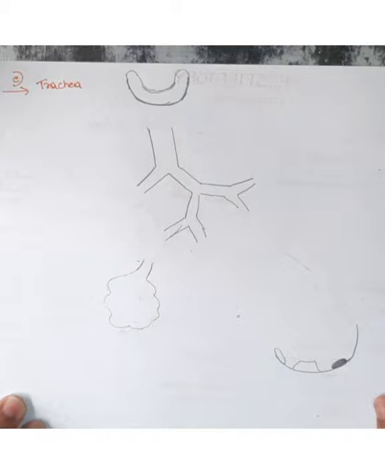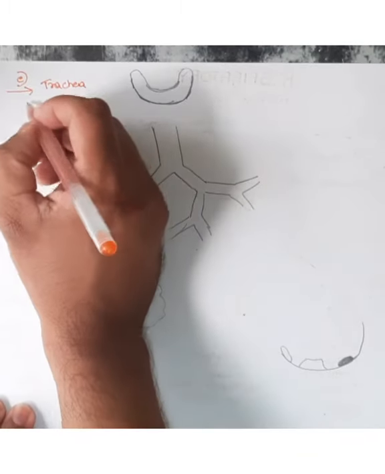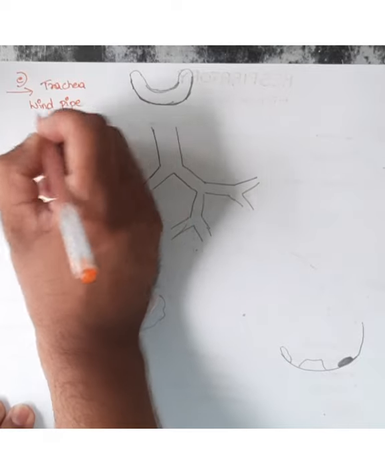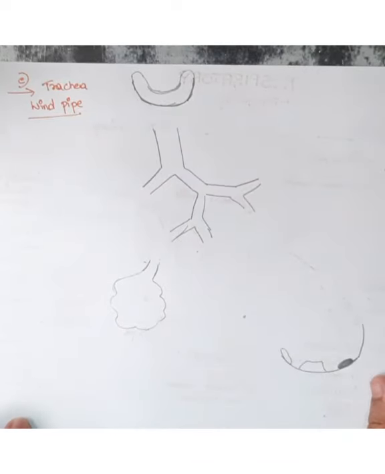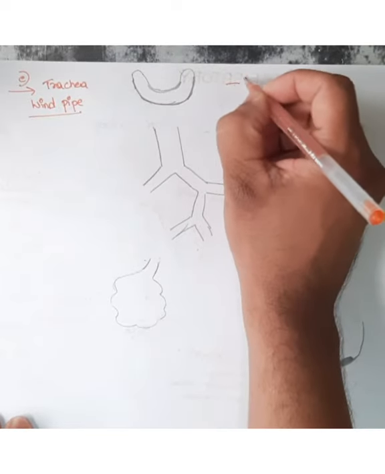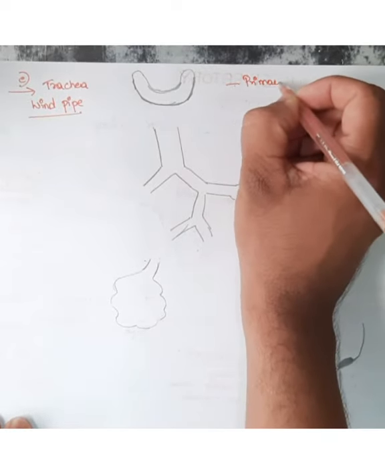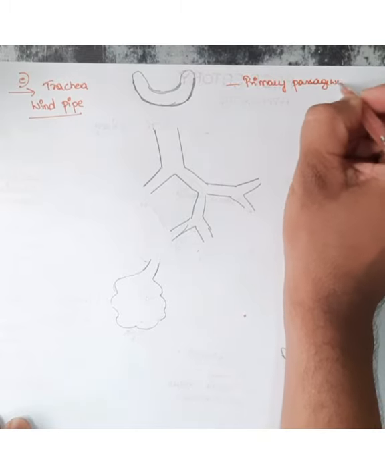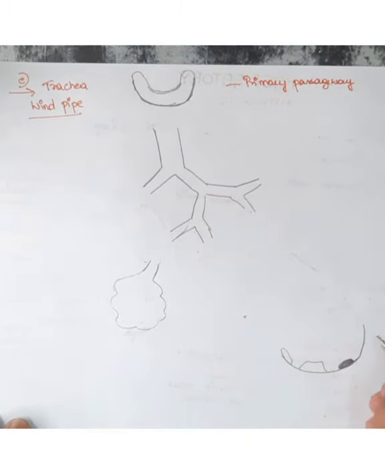Trachea. So trachea is also called as windpipe. It is a tube-like structure. It is the primary passageway for the air into the lungs.